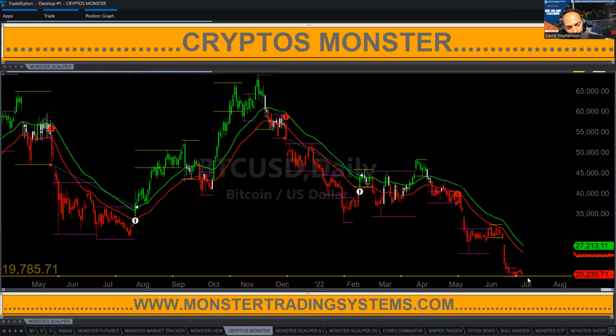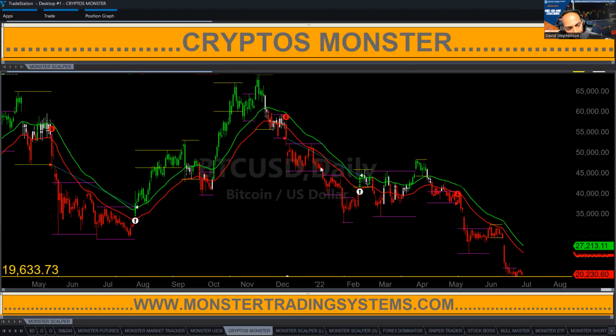See what happens when it breaks support at 19.5. This will give you guys confidence. If it does indeed break the price at 19.5, did the sellers come in and really push the price lower when that happened?